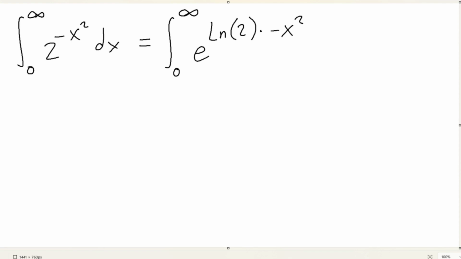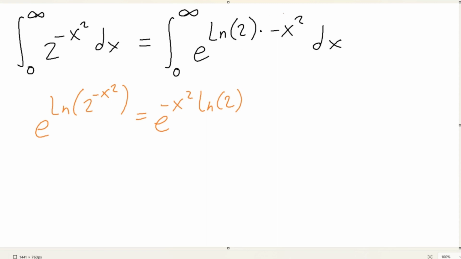That's a lot better to see it now. For those who forgot the loophole log, I can just show you the process. You do e to the ln 2 negative x squared, and you put this exponent here at the side. And that's how we get this.